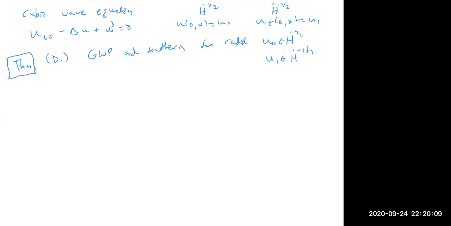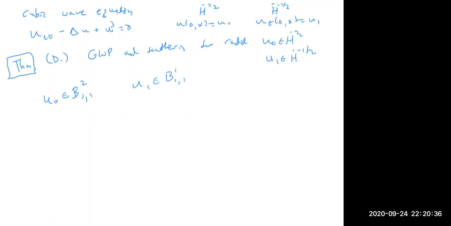But prior to that result, there was another one, which was an intermediate result: U0 in the Besov space B 1, 1, 2, and U1 in the Besov space B 1, 1. So the Besov norm, and I like the fact that I have two ones there, so I don't have to worry about getting them in the right order.